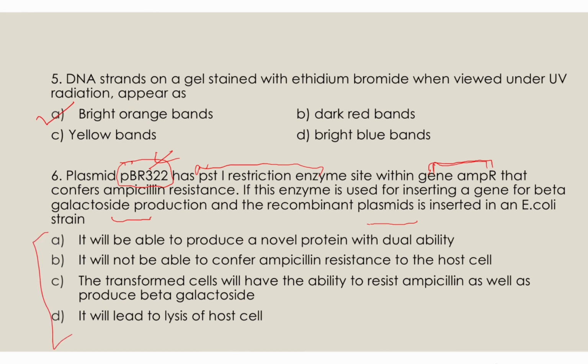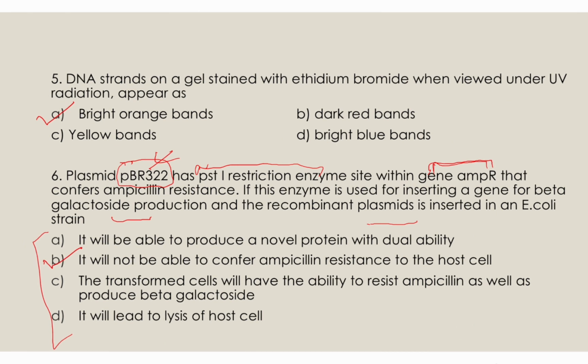The answer will be, it will not be able to confer ampicillin resistance to the cell. Why? In plasmid vector pBR322, unique restriction sites PstI and PvuI are located within the AmpR gene, and BamHI, SalI, etc. are located within the tetracycline gene.